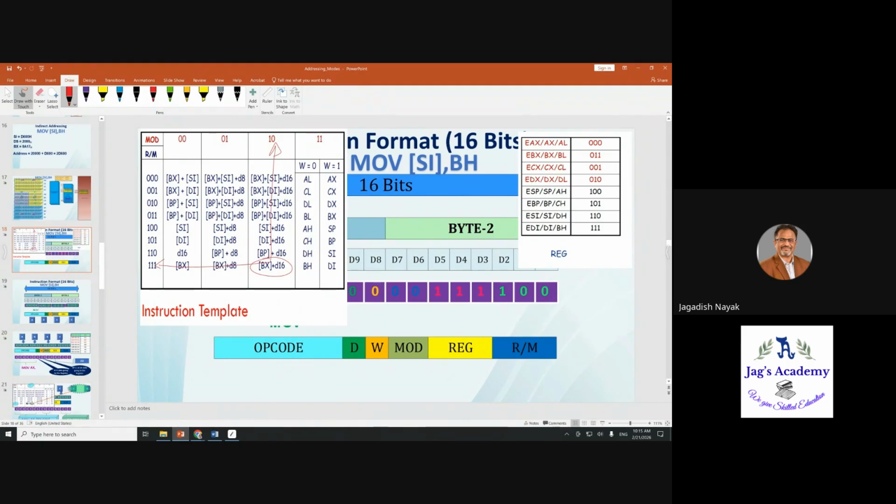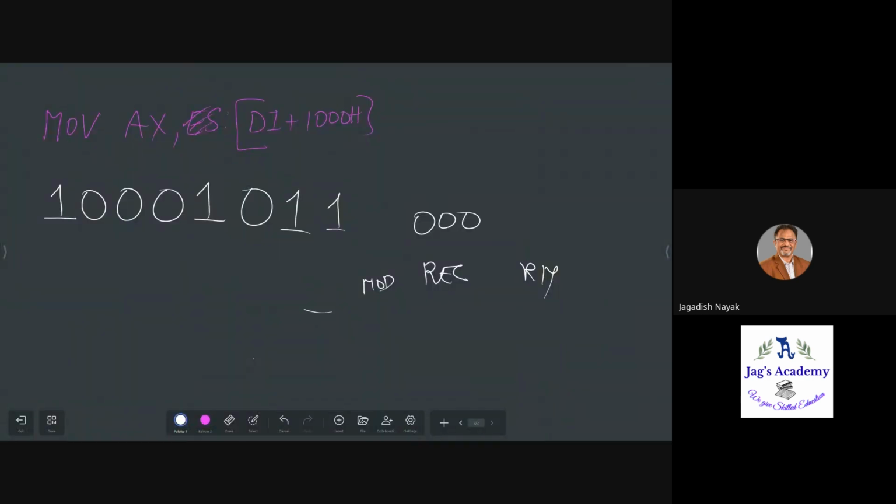DI plus D16, right? See here, DI plus D16. This one. The mode bit is 10 and R/M is 101, so let us go here, 10 and 110, right?